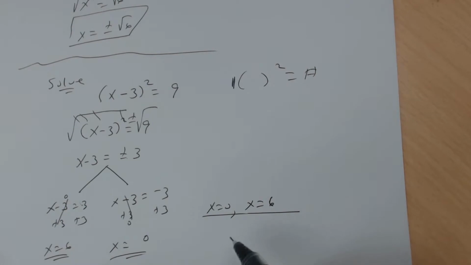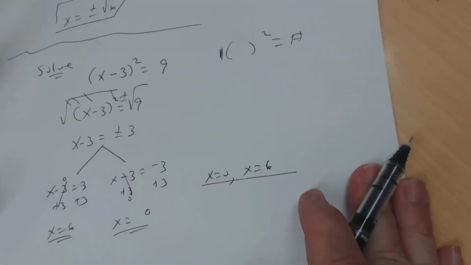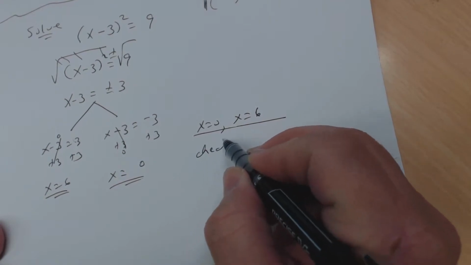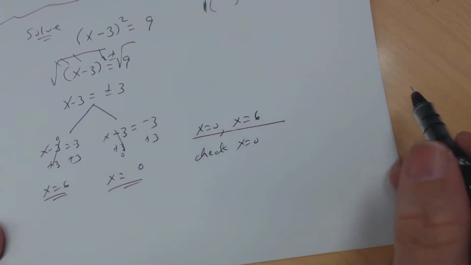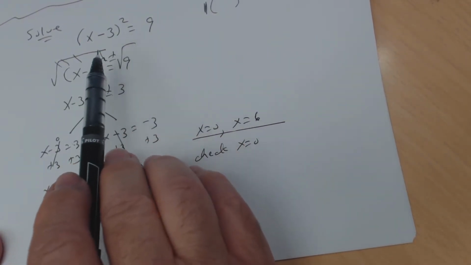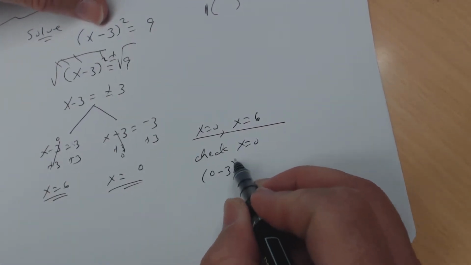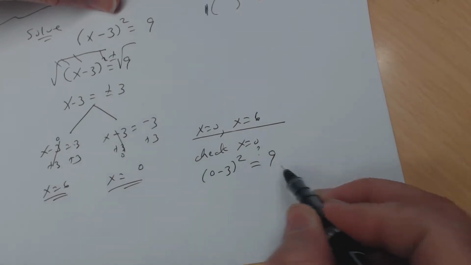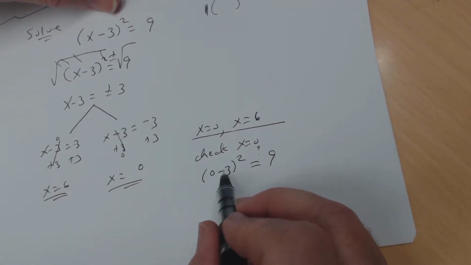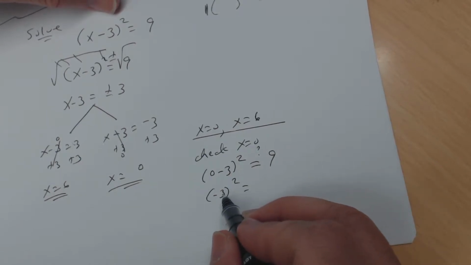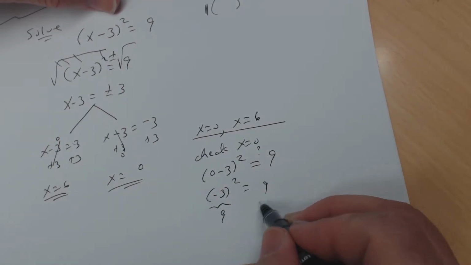And you can always check your work. Usually when you're doing homework, you don't have time to check it. But if you check x equals 0, let's say, always go back to the original. When I plug in 0, I get 0 minus 3 squared, and I want to see if that's going to equal 9. Well, 0 minus 3 is a negative 3, and a negative 3 times a negative 3 is a positive 9.